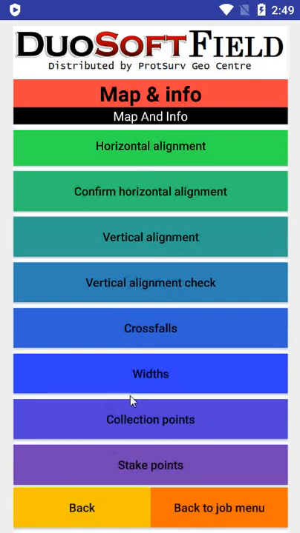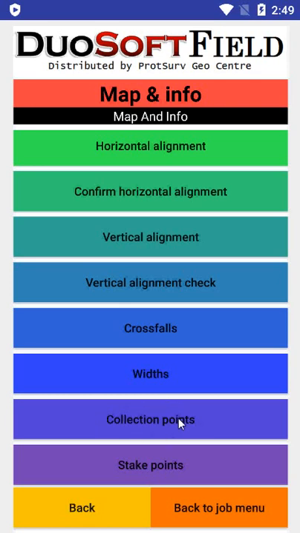So what the collection point submenu does is that when you have connected your surveying instrument to DualSoft Field and you are collecting points data, that points data is saved under this collection point submenu.